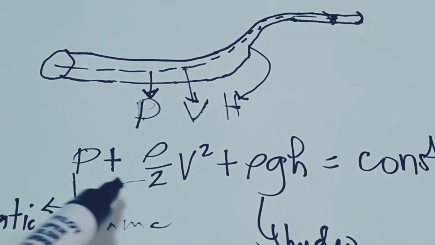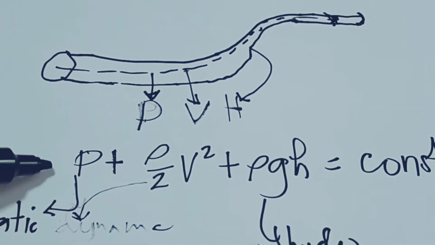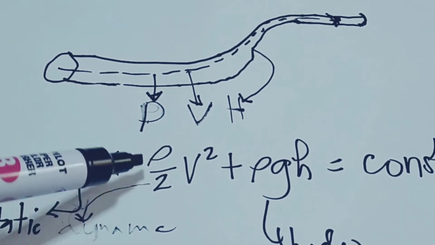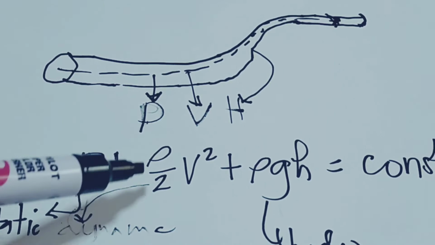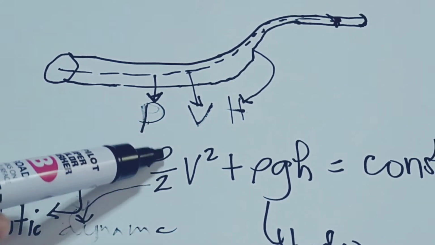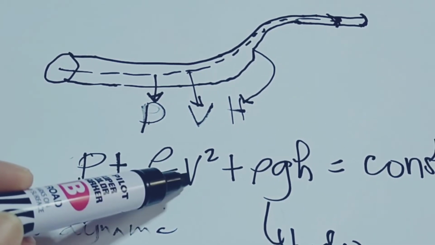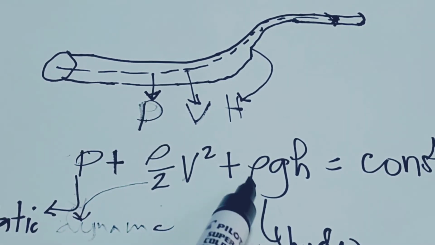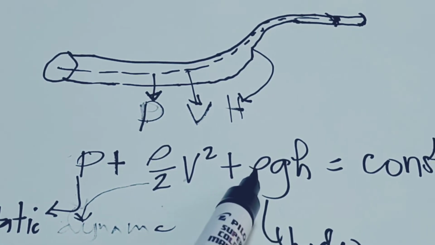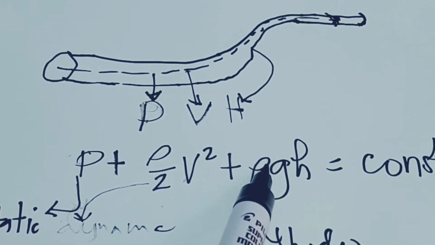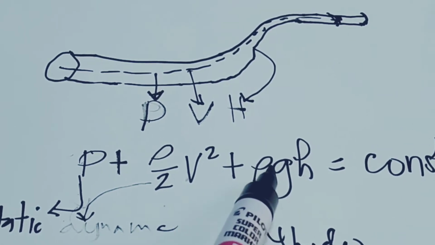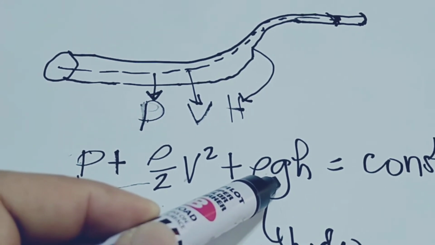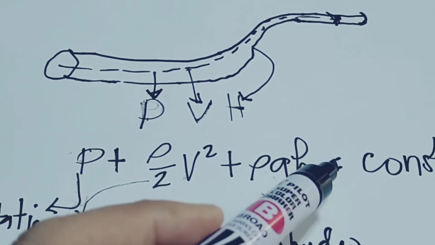Here you have, for static, P is pressure. For dynamic pressure, which represents the kinetic energy, rho over 2, this V is the velocity of the fluid. And for hydrostatic, this is the density of the fluid times acceleration due to gravity and the height.